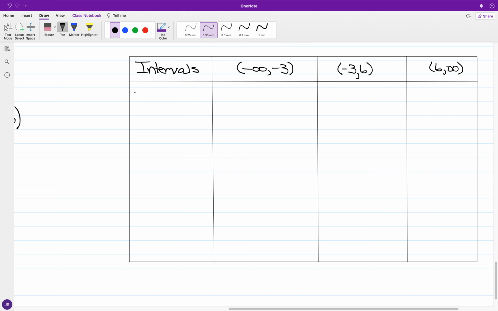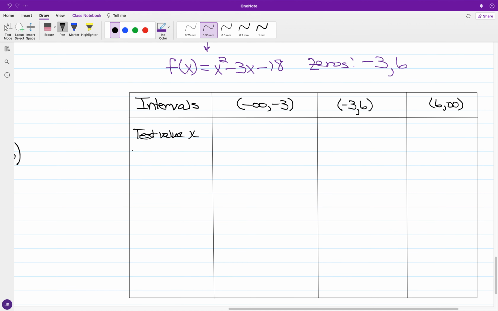We're going to test each of the sub-intervals with an input value that belongs to each of the interval sections above. So you got your test value x. And again, we're going to apply the function f of x is equal to x squared minus 3x minus 18. And then you'll be looking for the sign value of f of x.